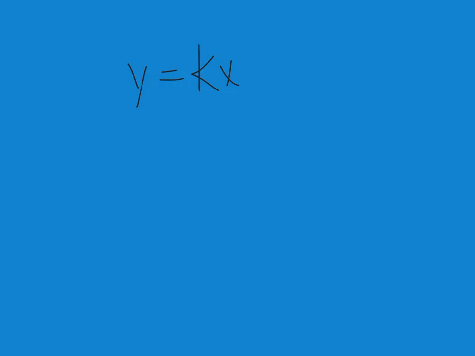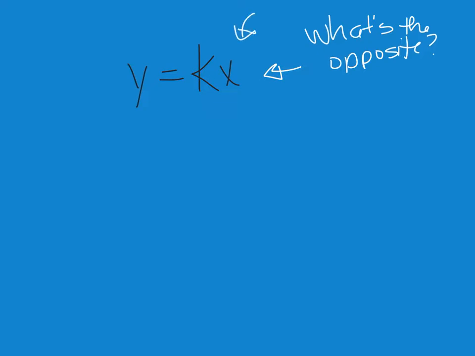So in the same way that we did the previous one, we know we're going to be asking the question, what's the opposite? I know this may look strange because there's no numbers here, only variables, but it's the same process. So in this side right here, we've got, instead of a number and a variable, two variables.